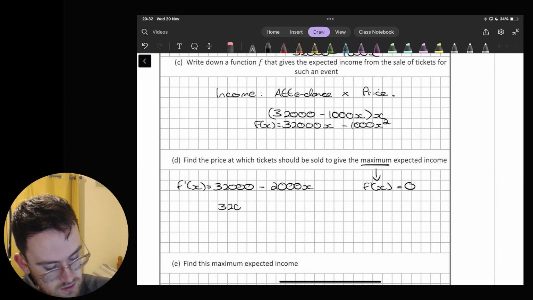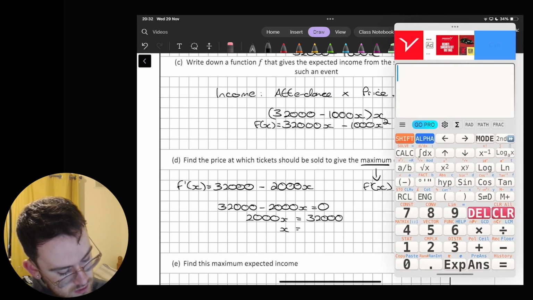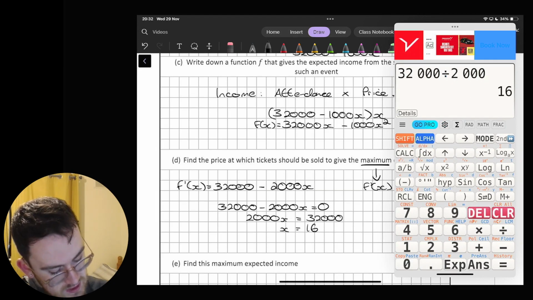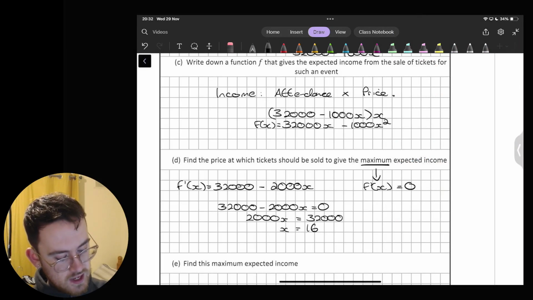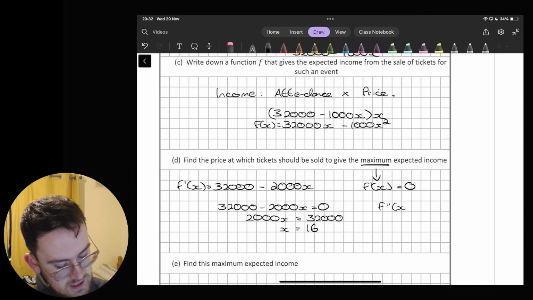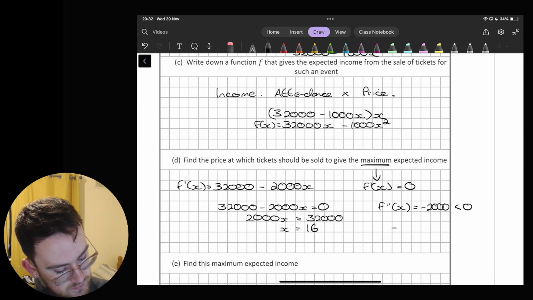Putting that equal to 0 gives me 2,000x equals 32,000, and x then equals 16. So 16 euro we're suggesting will give the maximum. Let's just double check that that is a maximum. Minus 2,000 is less than 0, therefore x equals 16 gives a maximum.